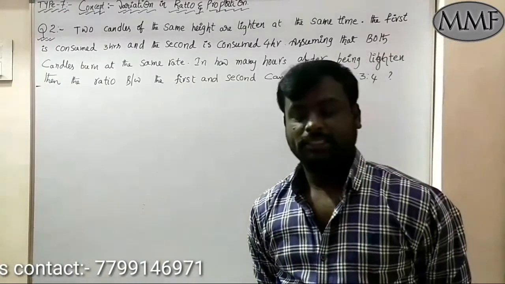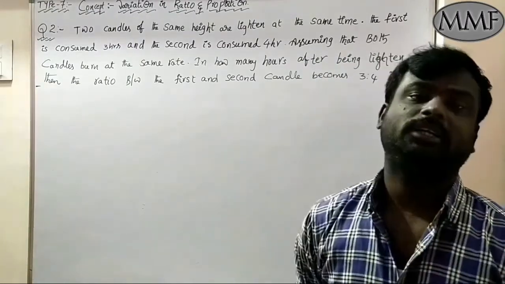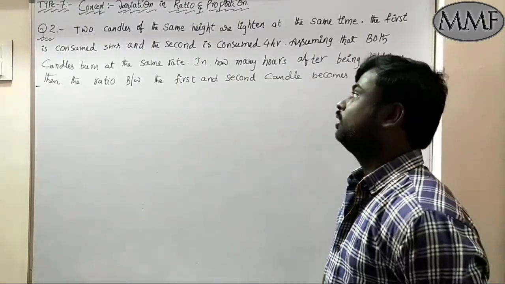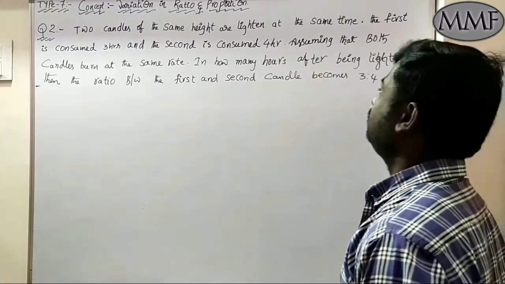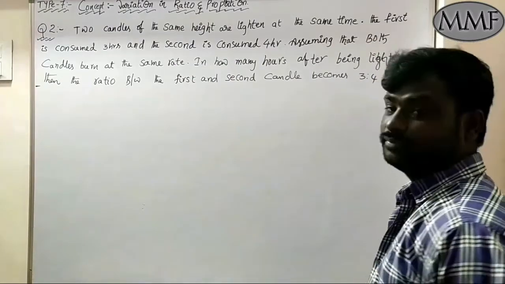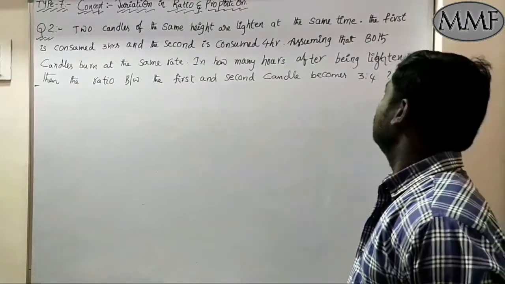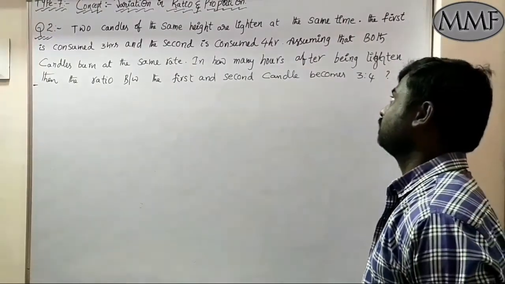Now let's see the next question, question number 2, concept variation in ratio and proportion. Same as discussed before. The question is, two candles of the same length are lit at the same time. The first candle is consumed in 3 hours, the second in 4 hours.